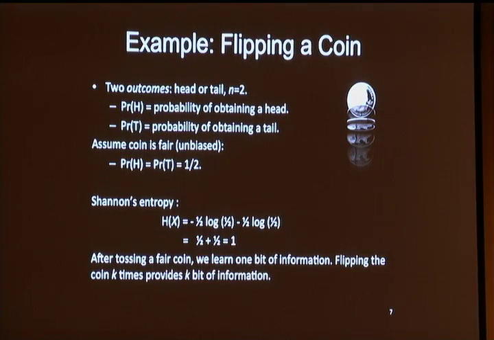We have two possible outcomes, head or tail. Assuming the coin is fair, the probability of obtaining a head is one half, and tail is one half as well. In this situation, if we plug in the values, the Shannon entropy of this process is 1. So after we toss a coin, we know we get 1 bit of information.